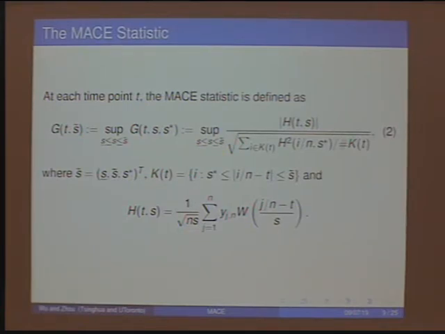In other words, you want to get the maximum evidence against the hypothesis that t is a jump point or a smooth point of the function f. So this is very, very important.